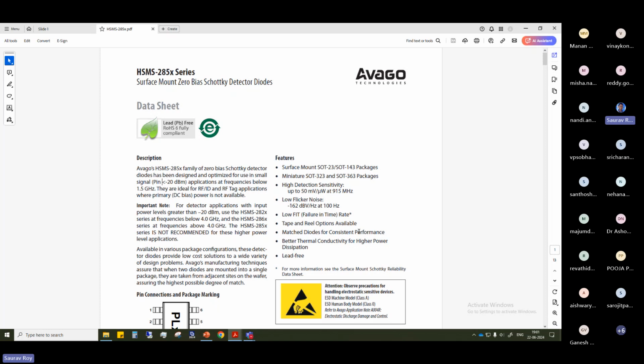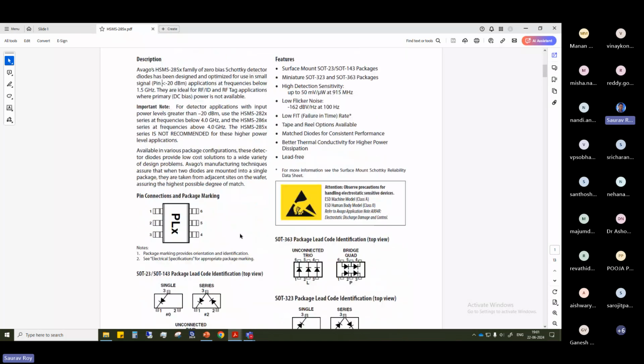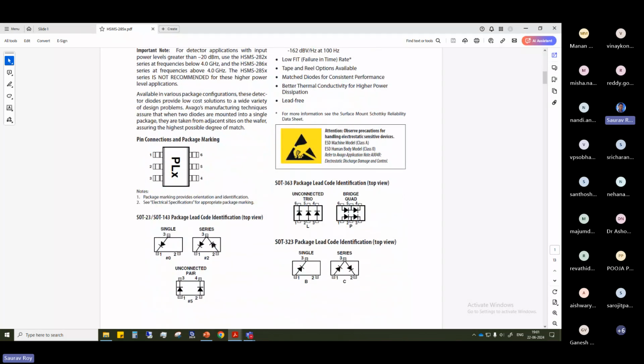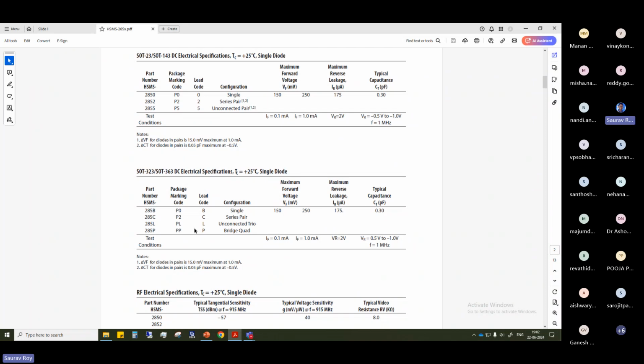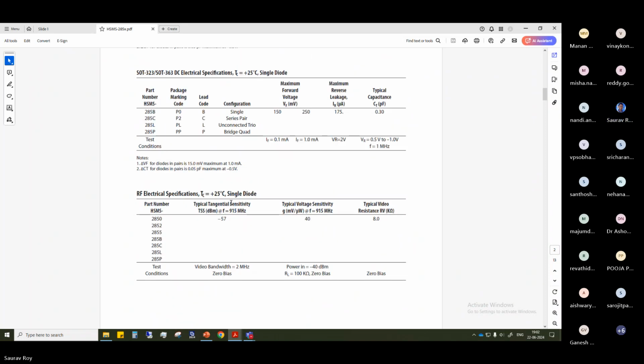All this comes in various packagings. A single package has one diode, and in a series, they have two diodes and even three or four diodes. All these combinations are available based on what you buy from the circuit market. In the data sheet you get all the different characteristics.